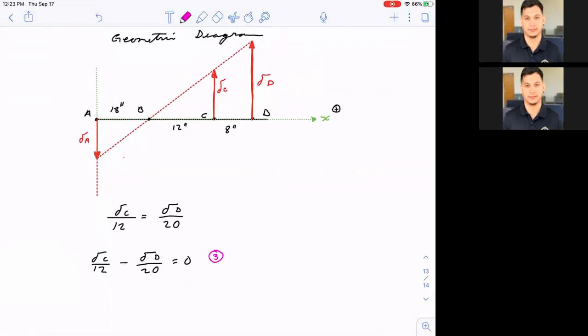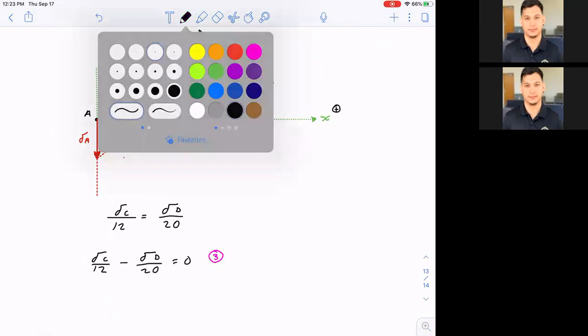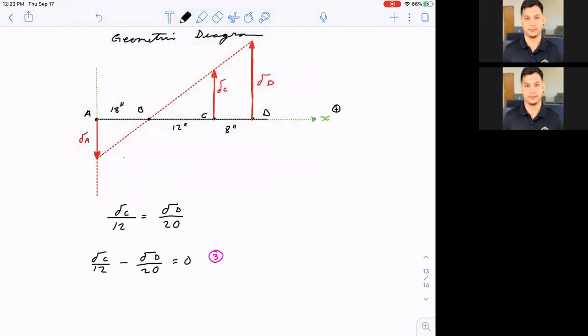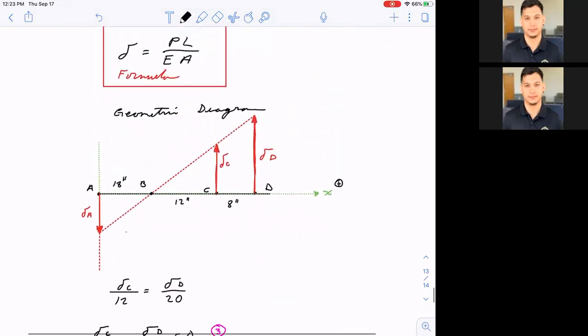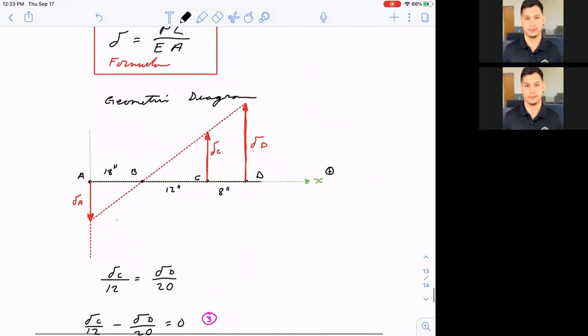Now let's see what happens here. Let's use this formula up here, PL over EA, right?